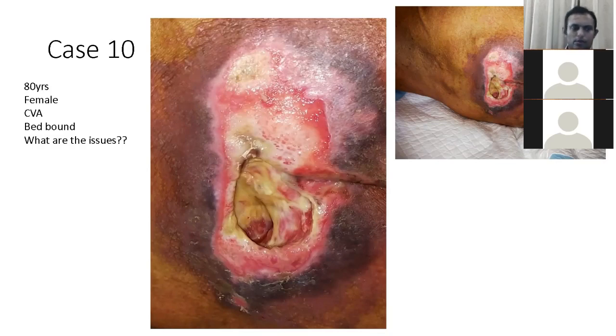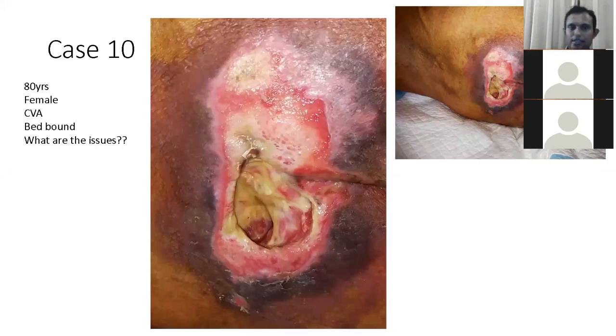I mean, it's a focus of infection and all that, and you want to put anything into her. So it's relative. If she really has incontinence, you can't manage it, and you always need a dressing change, you do it.